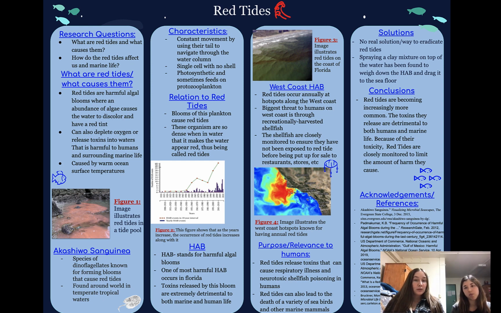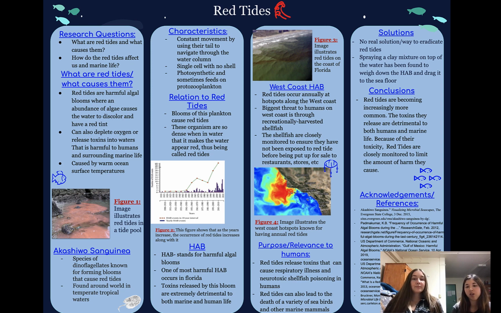In figure 2, this is a graph basically showing how often the red tides have occurred over the years. If we look towards the left, we see years such as 1910, 1915, and it's showing that the occurrence of the red tides is pretty flat, nothing too serious. And then as we get closer to present day, the occurrence of the red tides has been shown to be increasing.